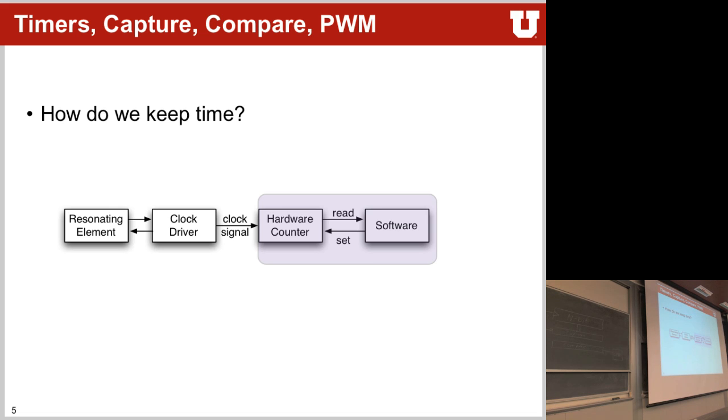Get together in teams of 2, solve this quickly. I want 2 numbers. What would you write into CCR0 for the period? And what would you write in CCR1 for the duty cycle? It's 2 numbers. The clock is 32.768 kilohertz.